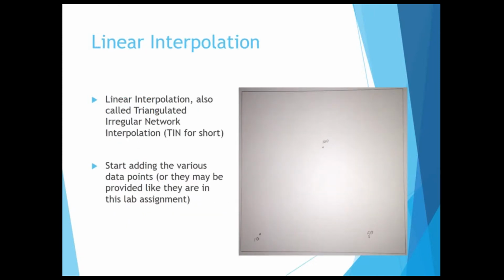The method we're going to learn is called linear interpolation. It's also called triangulated irregular network interpolation, or TIN for short. So linear interpolation is the same thing as triangulated irregular network interpolation.